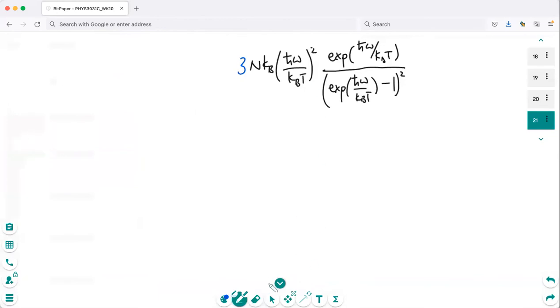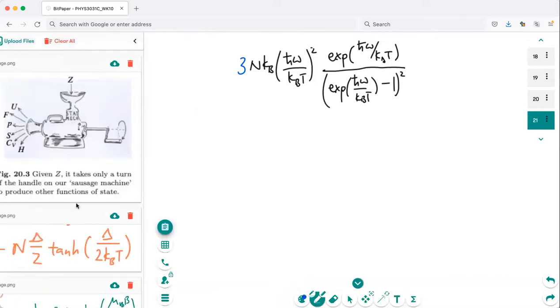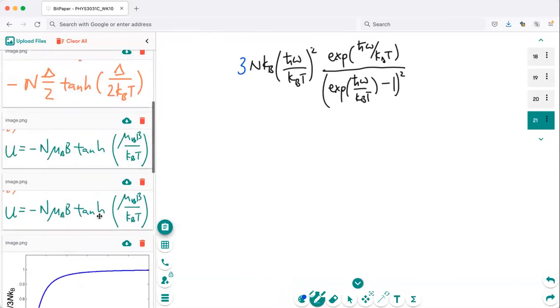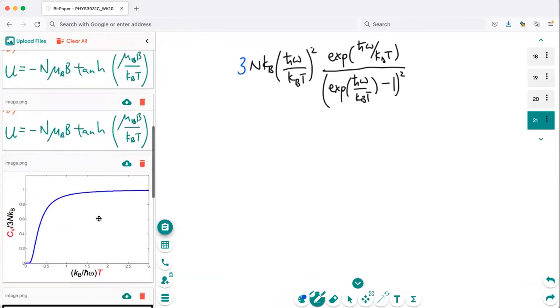Okay, so I will then get this figure for you. I have plotted it for you, of course. So let's see whether I can just bring it in. This one.